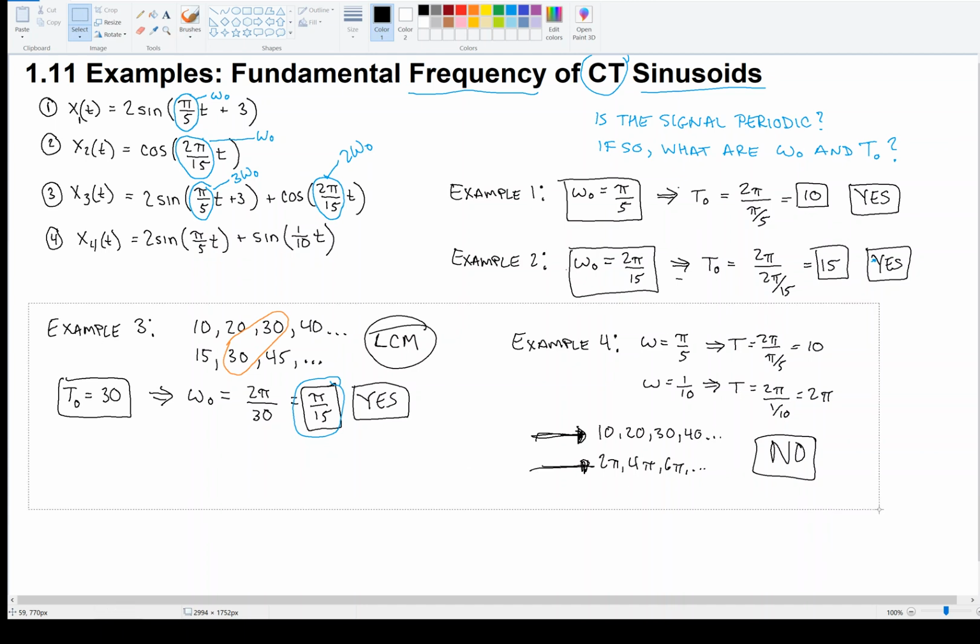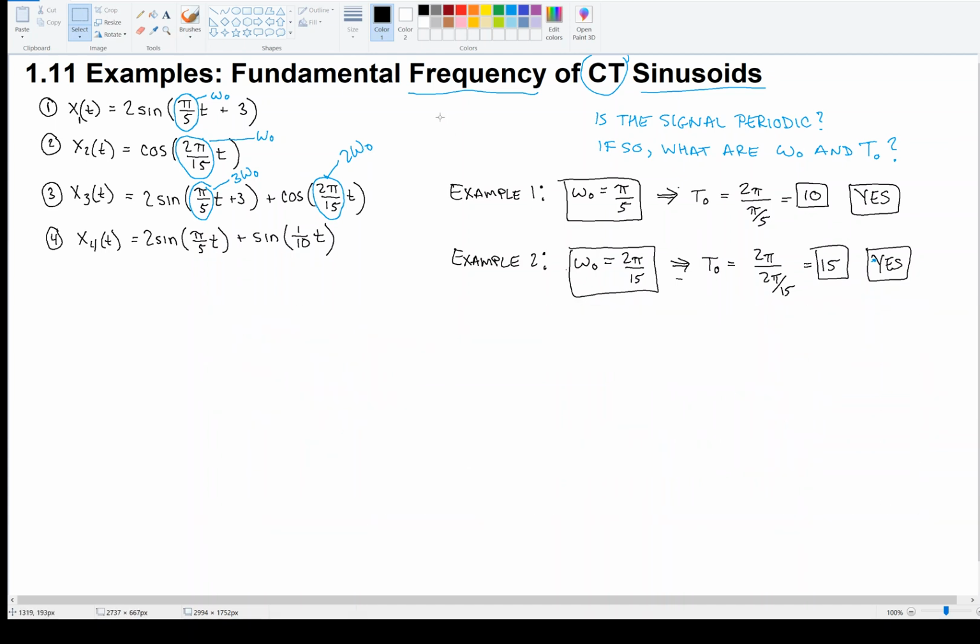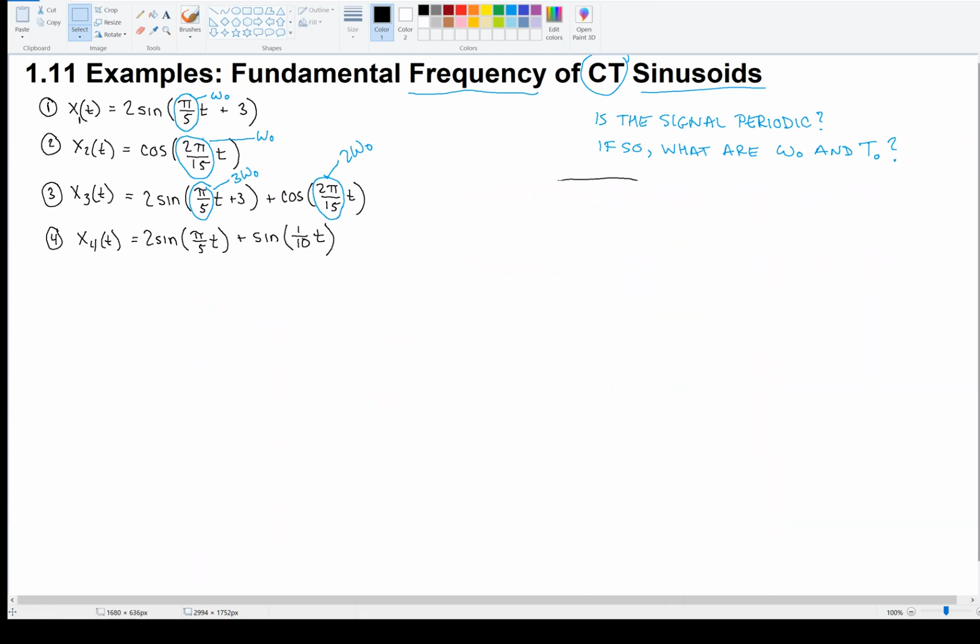Okay, let's look at some more examples. How about example 5? Three e to the j pi over 5 t.